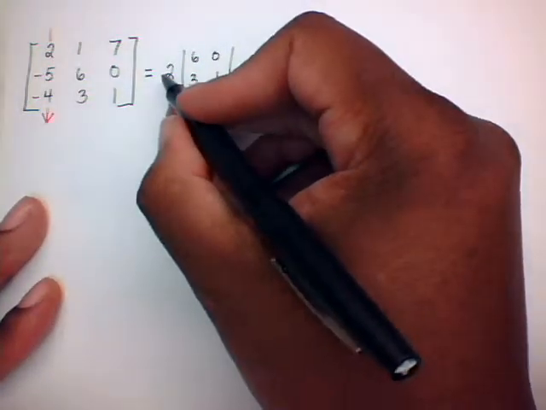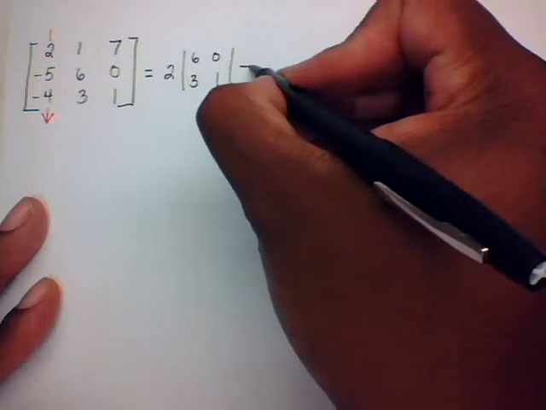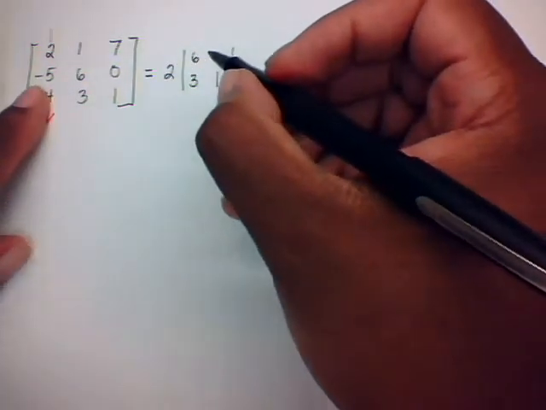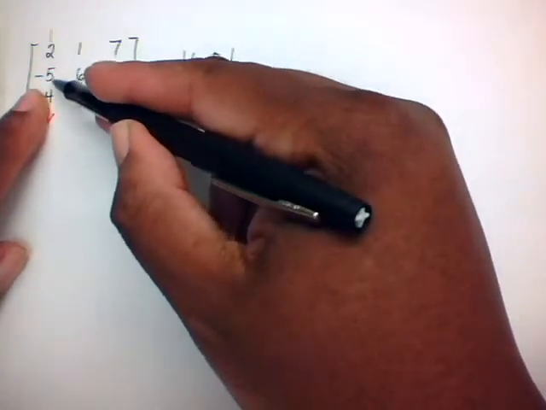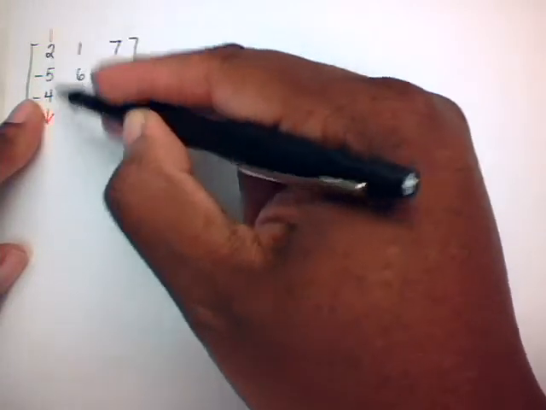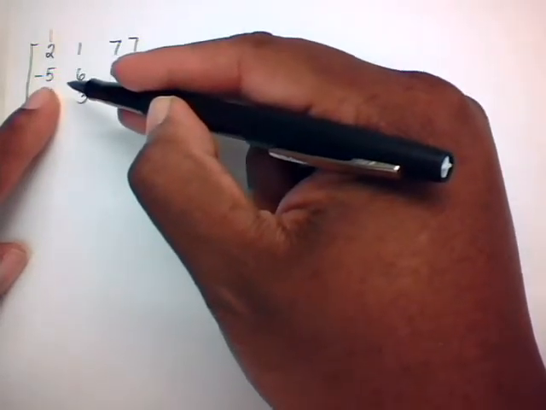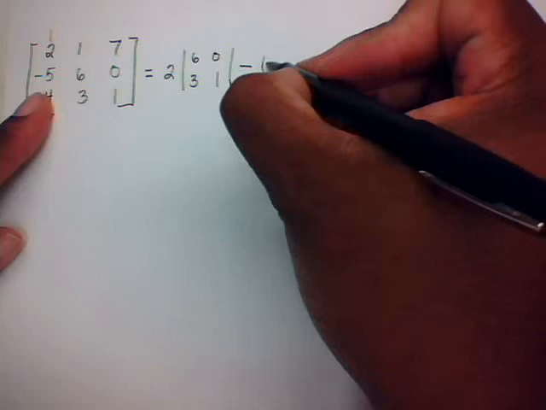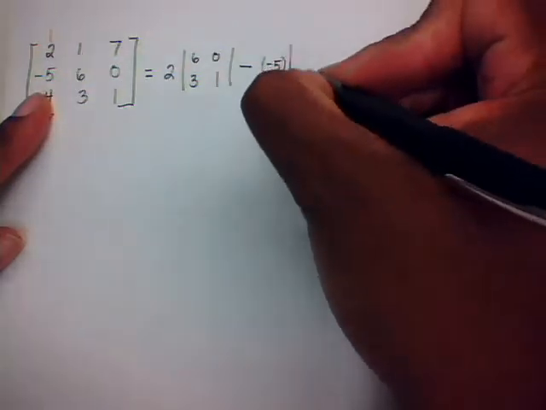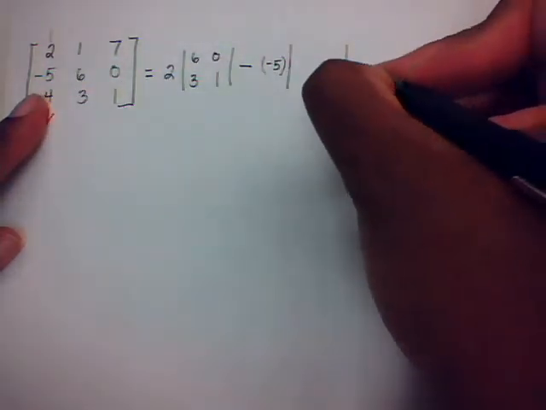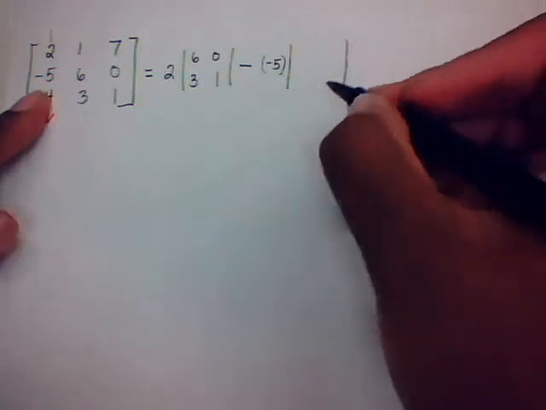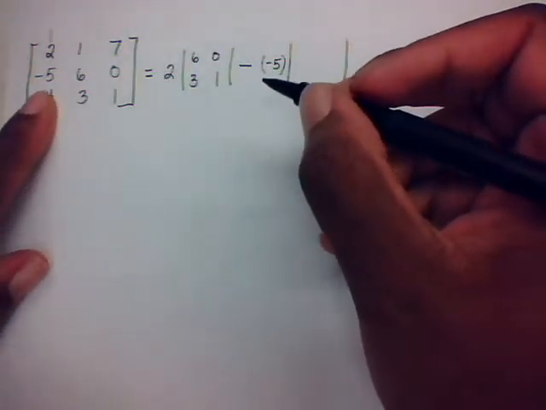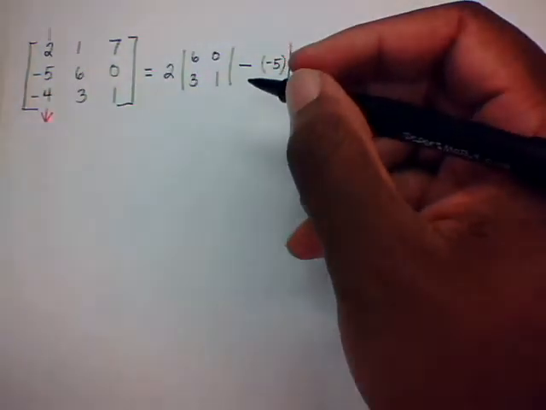Now I'm starting off with a plus, so the second one will be a minus. The second element in the first column is negative 5, and I'm going to find its minor. The negative 5 is in the second row, first column.